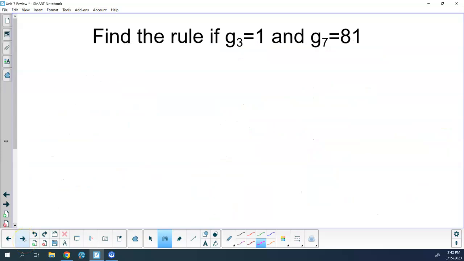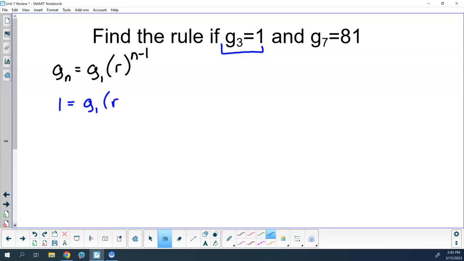Same thing going on here with the geometrics. So once again, you're going to apply the rule. g sub n is g sub 1 times r to the n minus 1 power. You're first going to apply it to the first term. So 1 is g sub 1 times r to the 3 minus 1 power, or r squared.